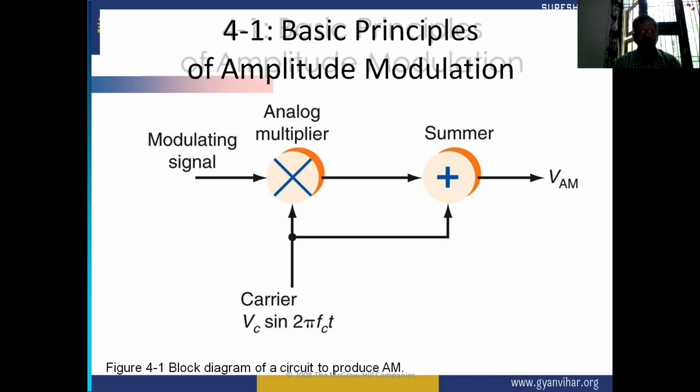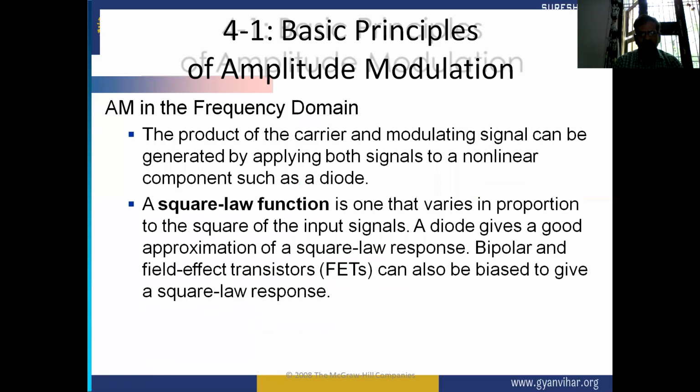In this technique, the modulating signal and the carrier signal are multiplied, and after the multiplication the signal is fed to the summing network, and the output of this summing network is the amplitude modulated signal. So this is the principle of amplitude modulation.